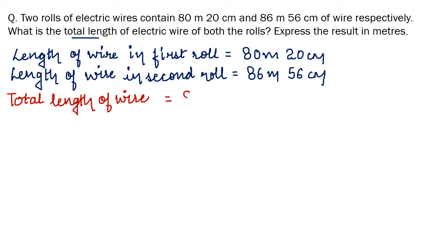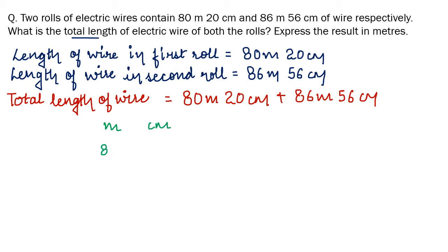It will be equal to 80 meter 20 centimeter plus 86 meter 56 centimeter. So firstly arrange them in columns, meter and centimeter, 80 meter 20 centimeter, 86 meter 56 centimeter.